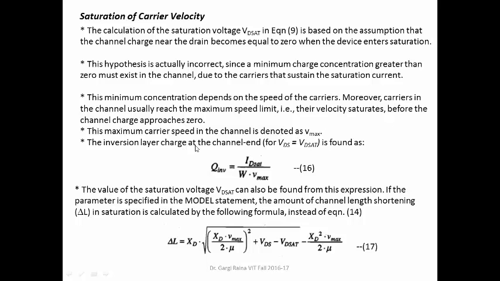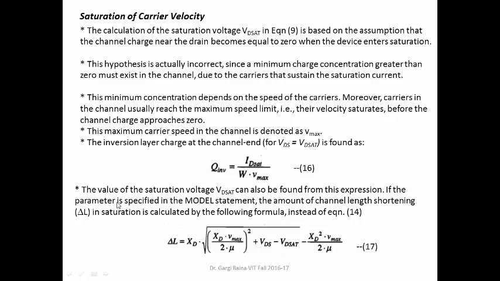The inversion layer charge at the channel end, that is for the VDS equal to VDSAT condition, can be found as Q inversion equal to IDSAT divided by the width of the channel times the velocity of the charge carriers, denoted by Vmax.